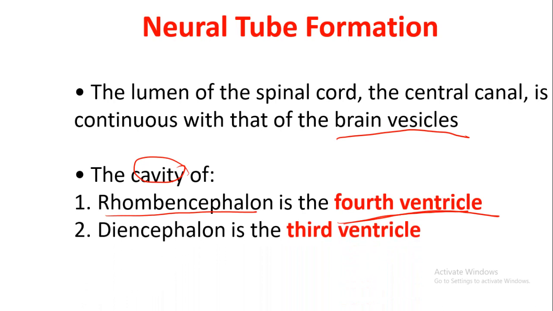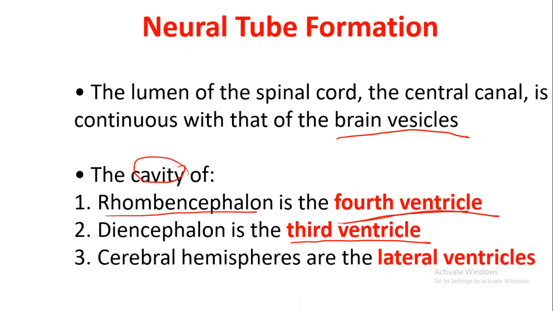Then the cavity of the diencephalon, which is coming from the prosencephalon, is just the third ventricle. Then we have the cerebral hemispheres, which have the lateral ventricles. Take note of that. Please take note of what we are just simply discussing.